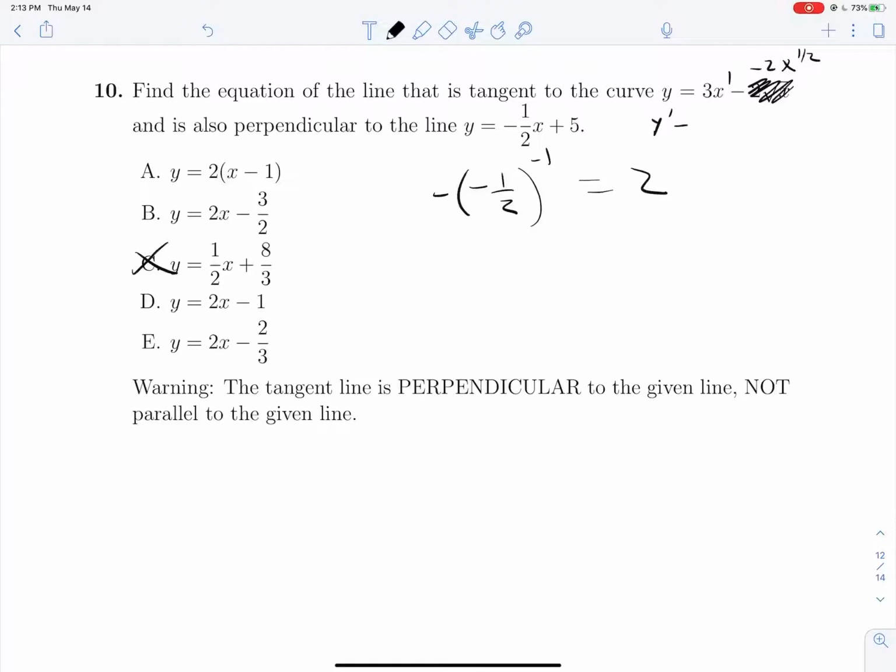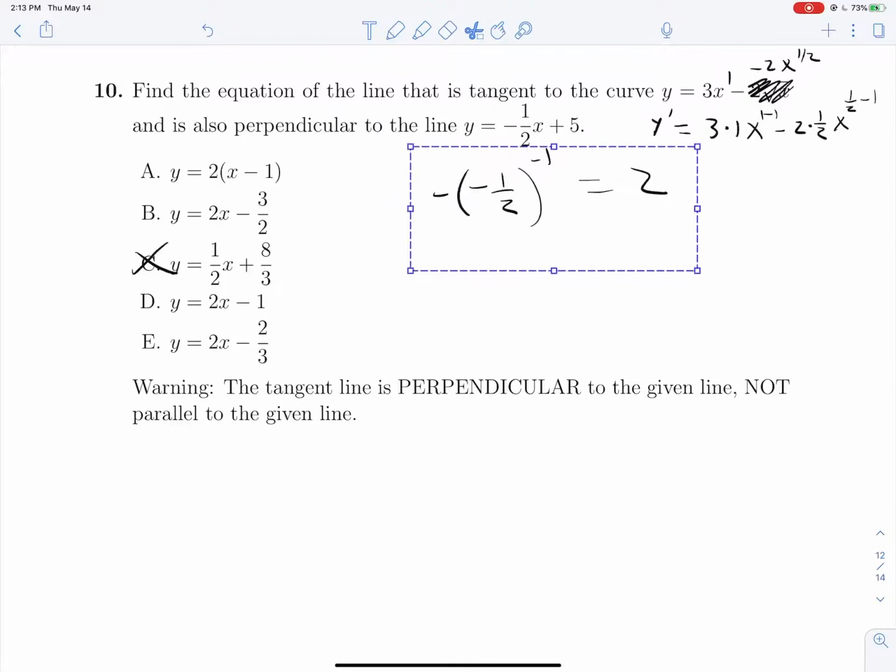So what that means is this will become 3 times 1 times x to the 1 minus 1th power minus 2 times 1/2 times x to the 1/2 power minus 1.